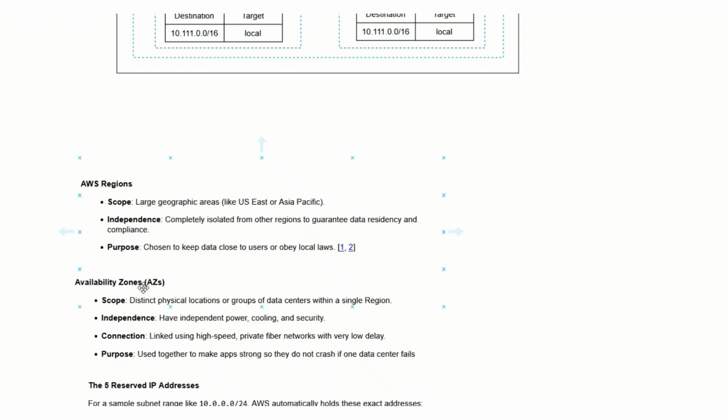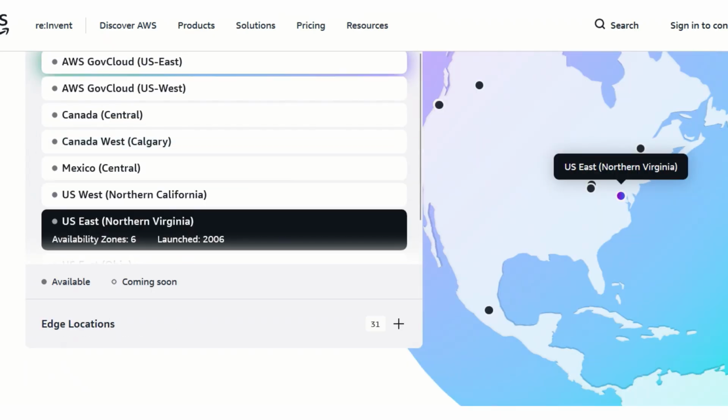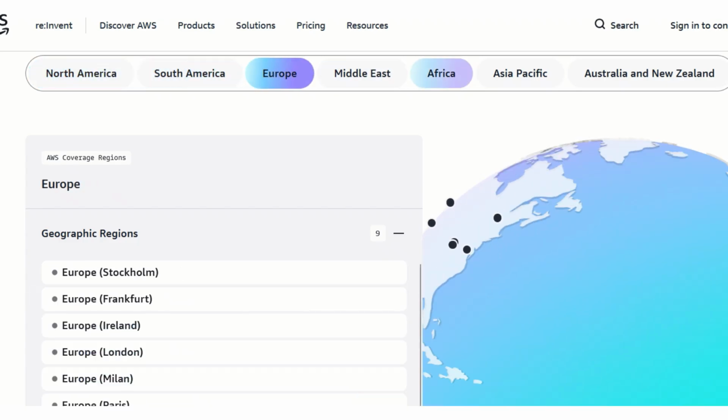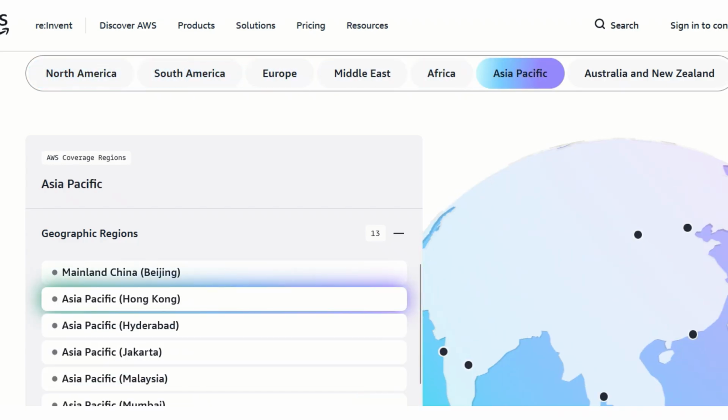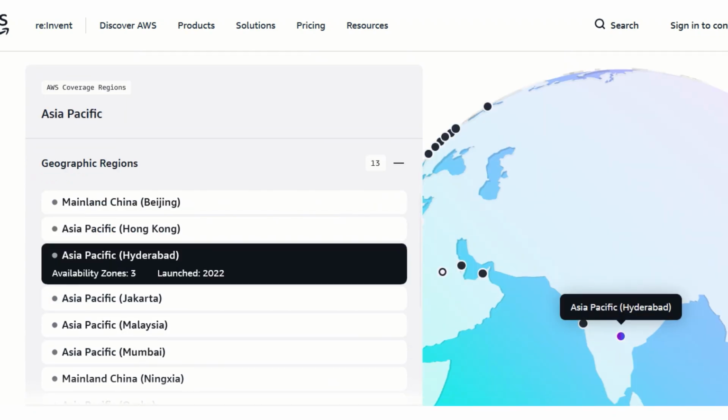Let me show you something. If you see, this is the India region.